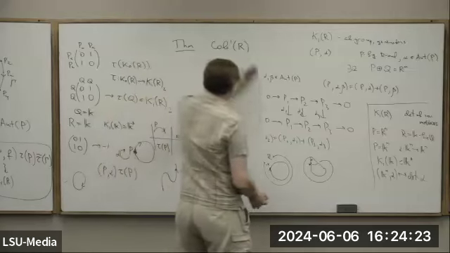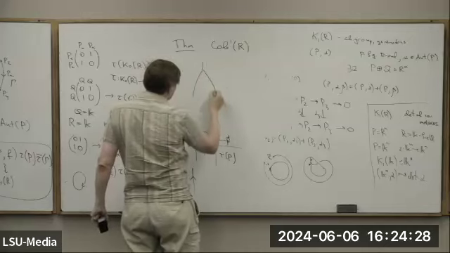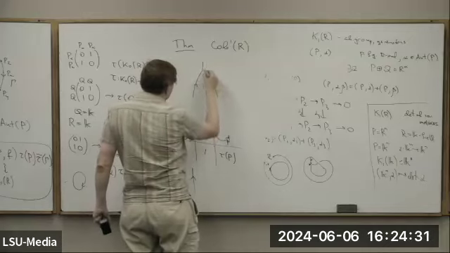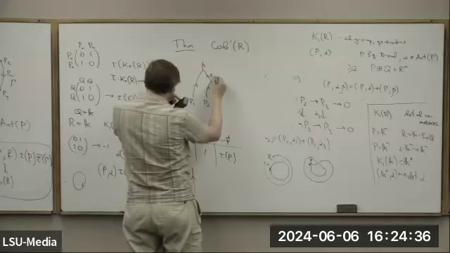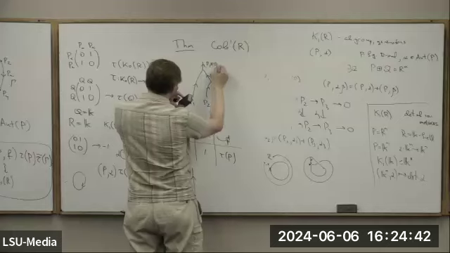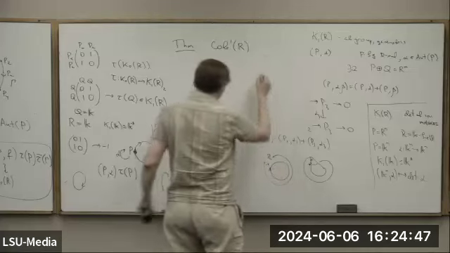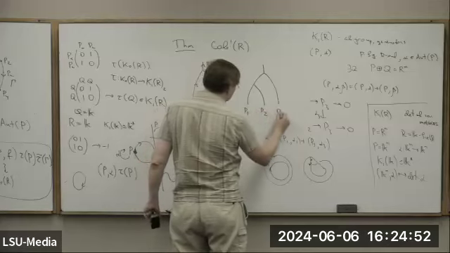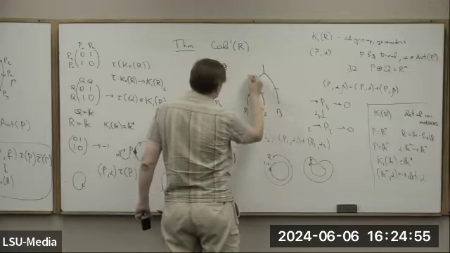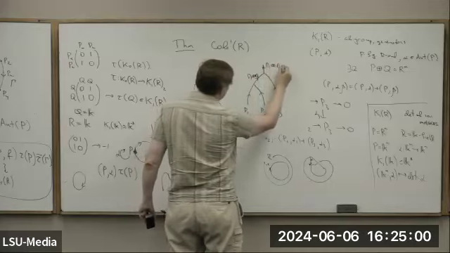I'll give you an example of a cobordism. For instance, let's take just a piece of the form. These are orientations. This is P1, P2, P3. Here, this object is isomorphic to P2 plus P3. This object is isomorphic to P1 plus P2 plus P3. So there is a cobordism to this P1, P2, P3, P1 plus P2, P1 plus P2 plus P3.